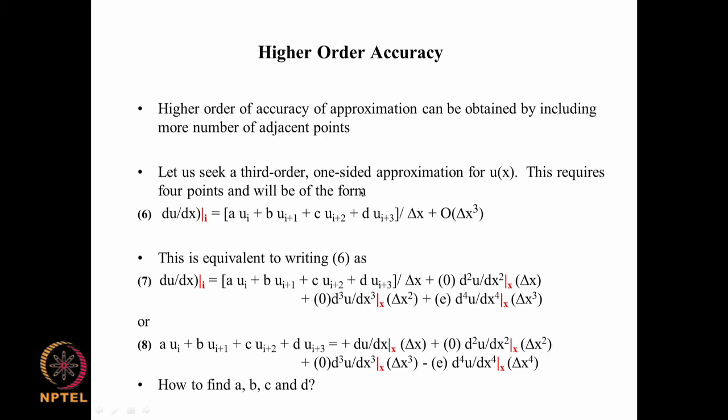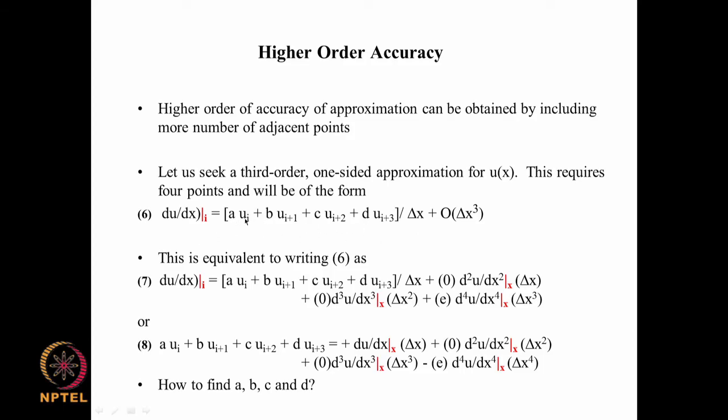Okay. So this is of this particular form, that is dou u by dou x at i. So we are making use of that, and that is this formula here for a one sided third order accurate approximation, which will involve 4 successive points, all to one side of i. Okay.